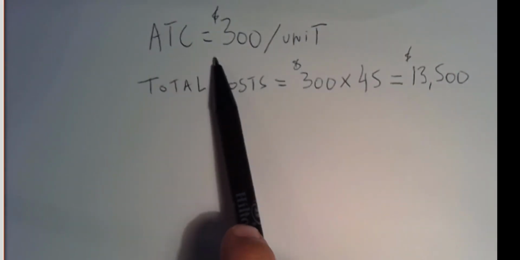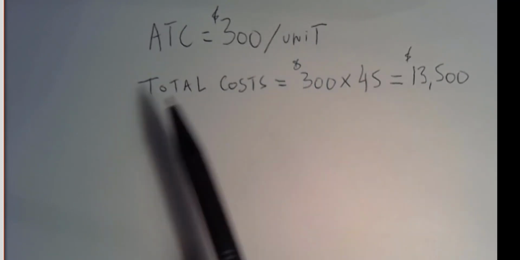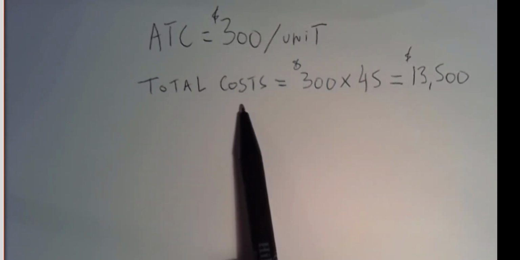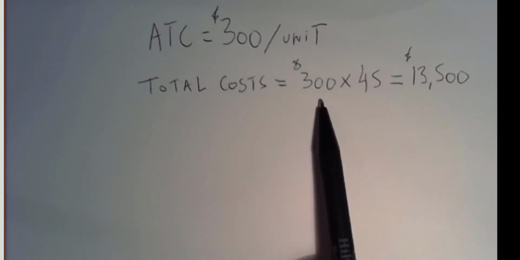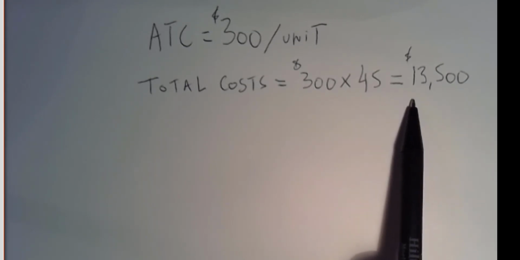So the average total cost is $300 per unit, and therefore the total costs is the $300 per unit times the number of units produced, which is 45. Therefore, the total costs are $13,500.